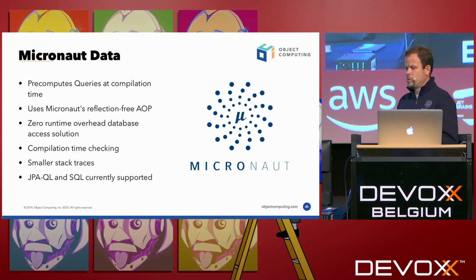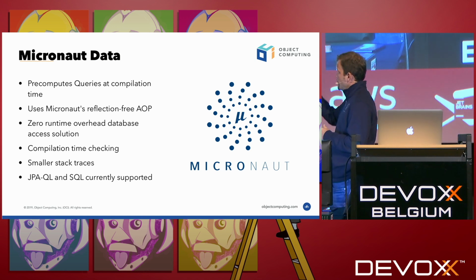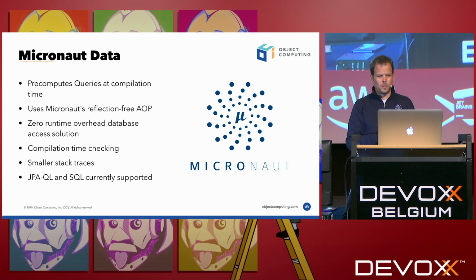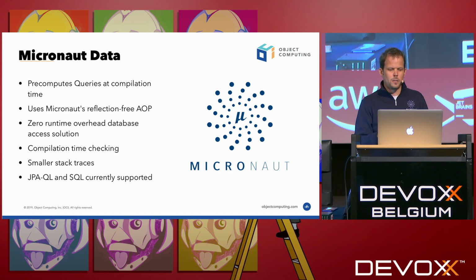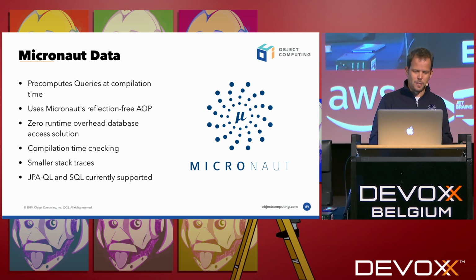I like to think of it as a zero runtime overhead database access solution, because you would literally find it hard to write a JDBC query by hand faster than if you used Micronaut Data.